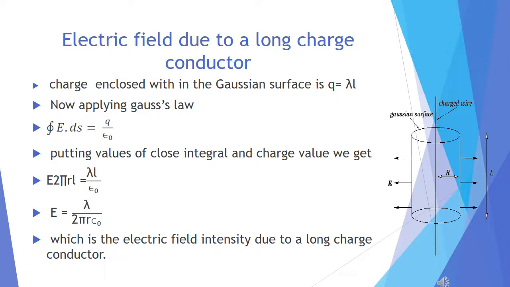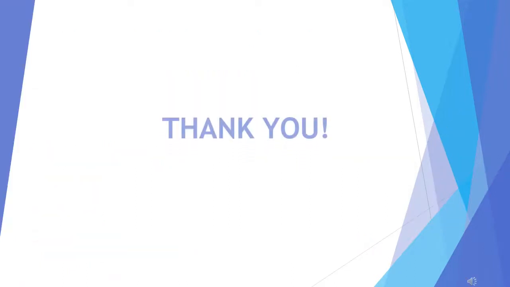L cancels with L. So the electric field intensity is lambda upon 2 pi epsilon naught R. This is the value of the electric field intensity due to a long charged conductor. So if we know the value of the charge density and the distance r, we can find the electric field intensity. Right. So that's all for today. Thank you so much.